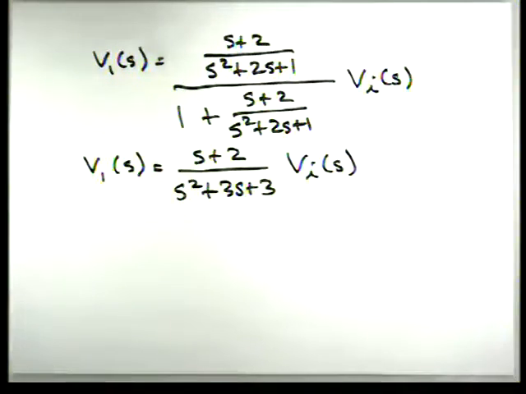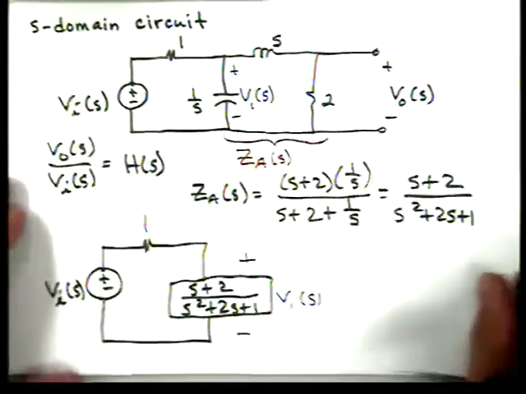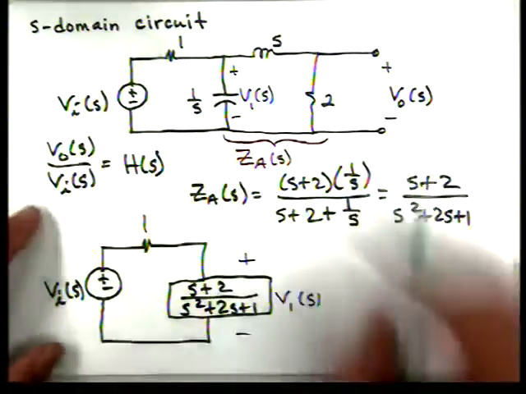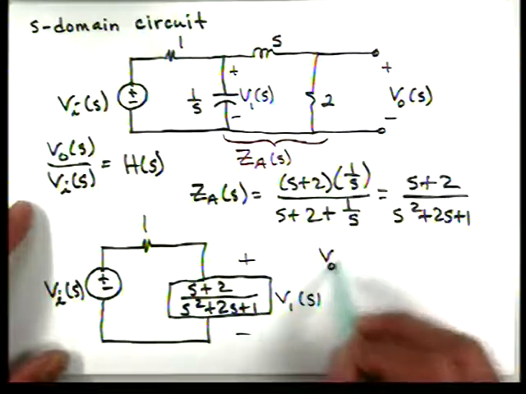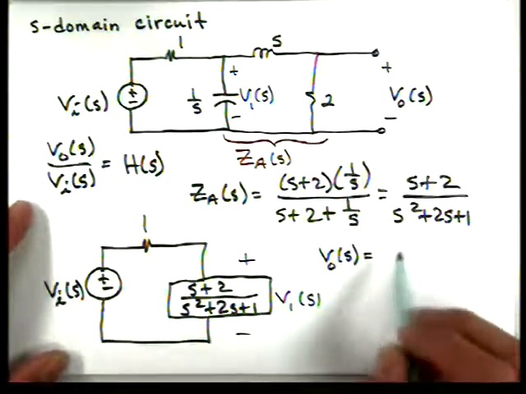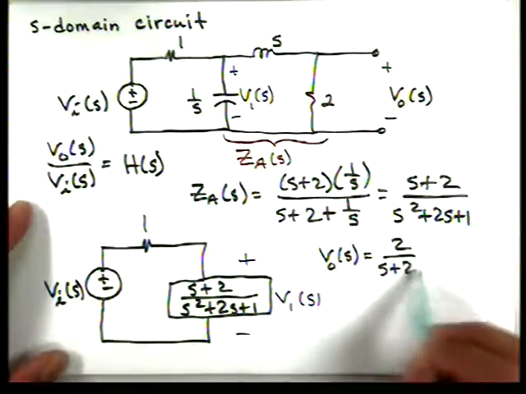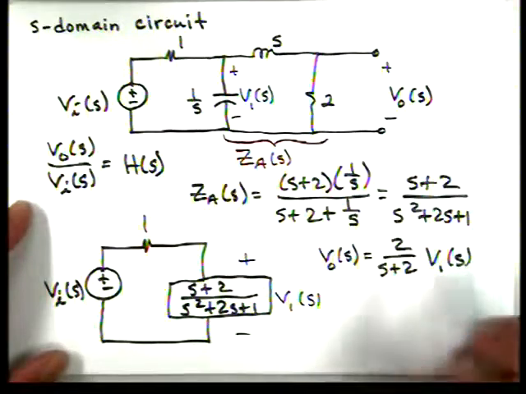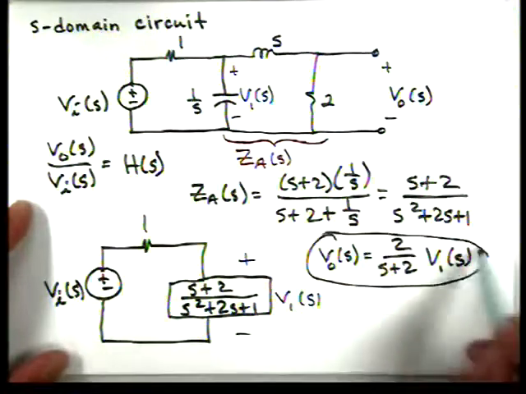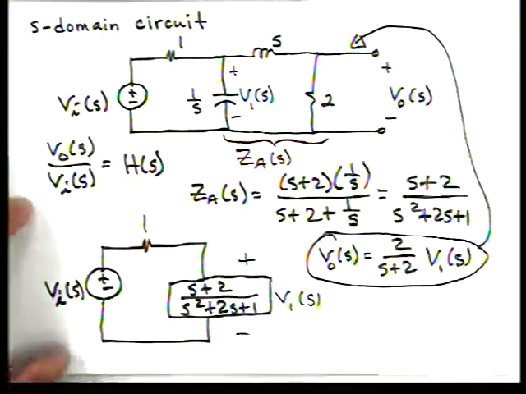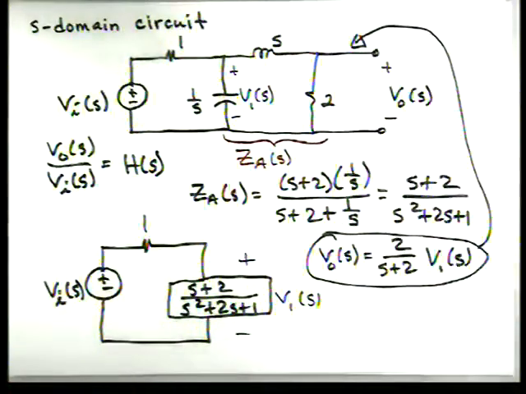And then if we go back to our circuit and again look at voltage division between V0 and V1, we can see from our circuit that V0 of S is 2 over S plus 2 times V1. So this is just from voltage division, looking back at our circuit.